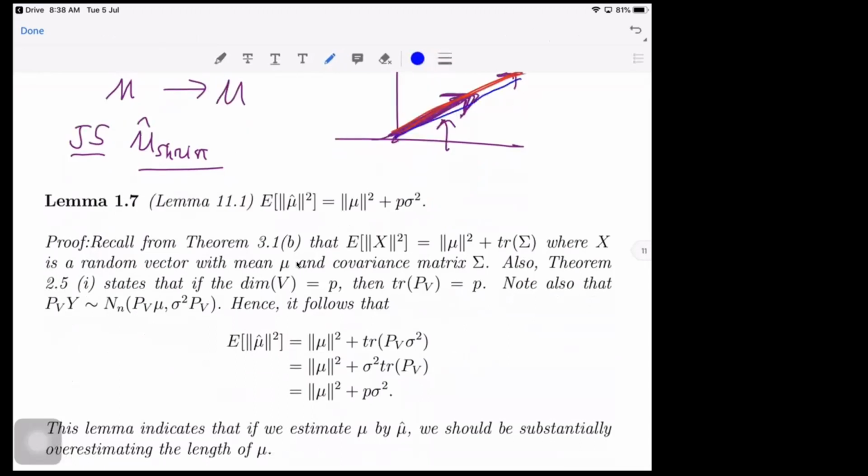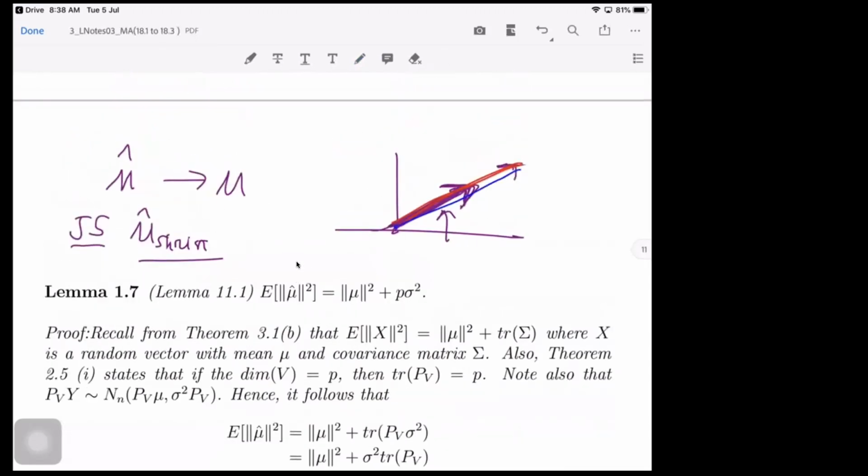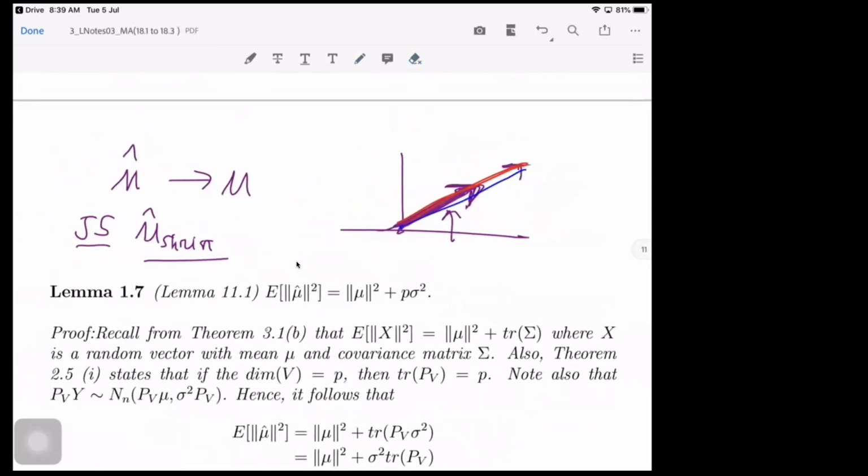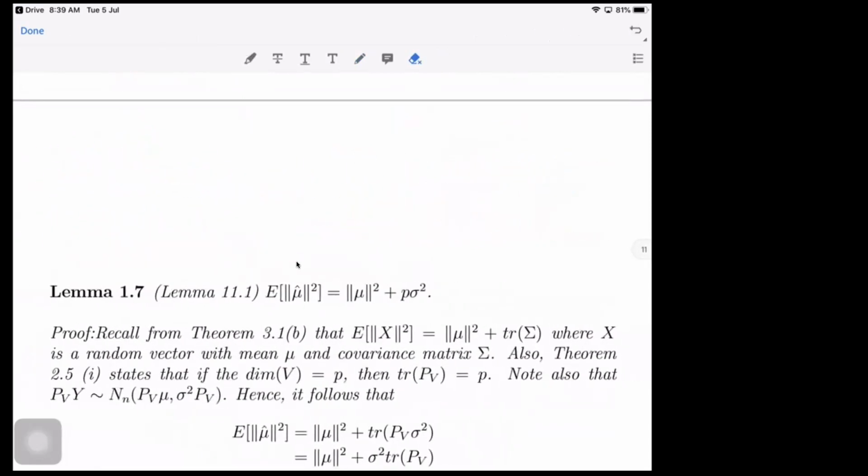In your linear algebra, how do you expand or shrink your vector? Any idea? You pre-multiply it by a scalar, no? A scalar that you multiply so it becomes larger or smaller. We will see later how the James-Stein estimator is obtained.